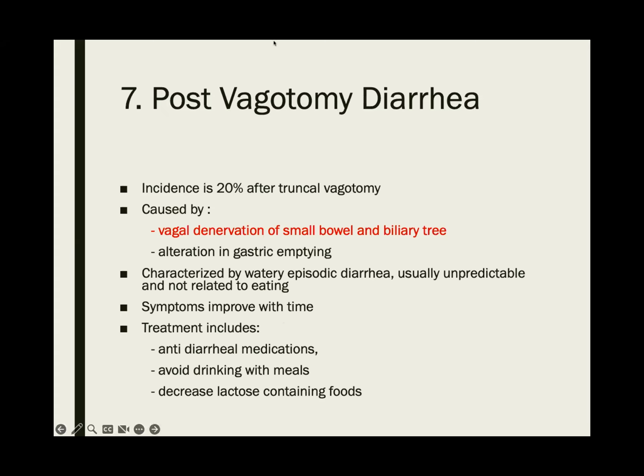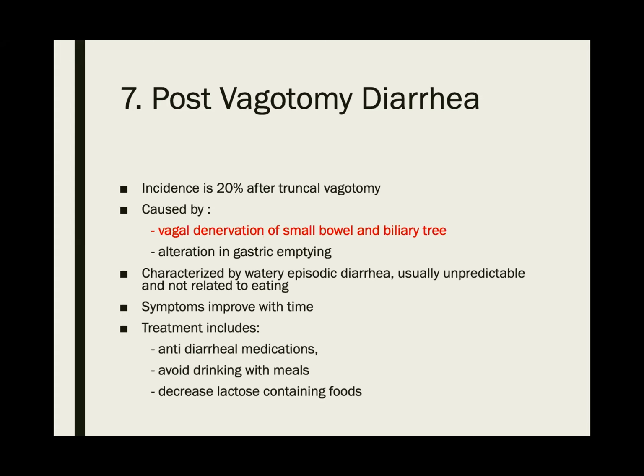As you guys know, nowadays in surgical interventions, we have something called highly selective vagotomy. Okay, so highly selective vagotomy can go to the area in which we need less innervation, in which we don't produce more acid.